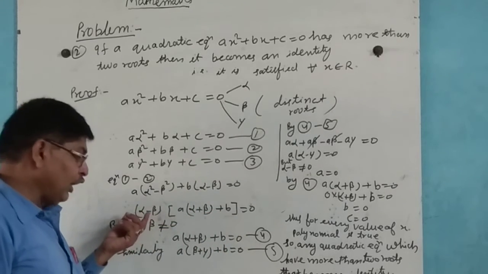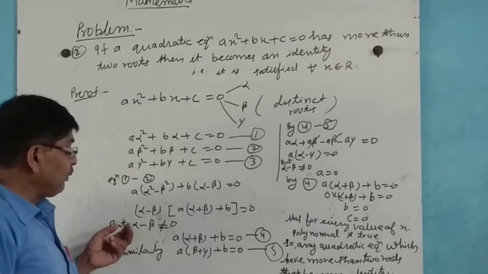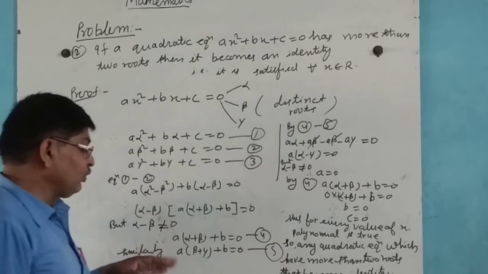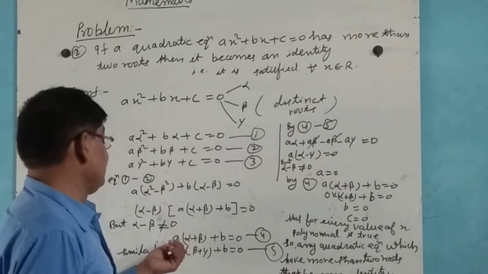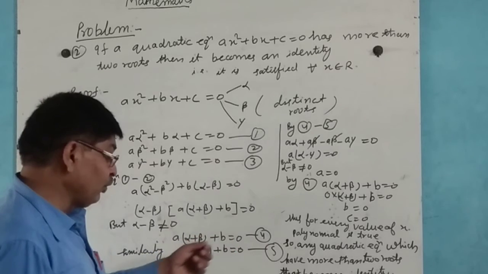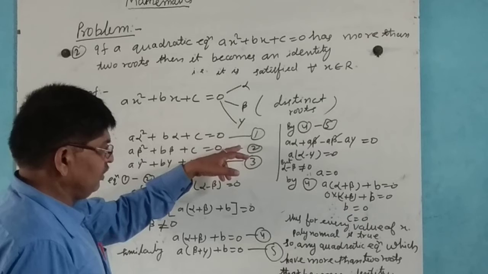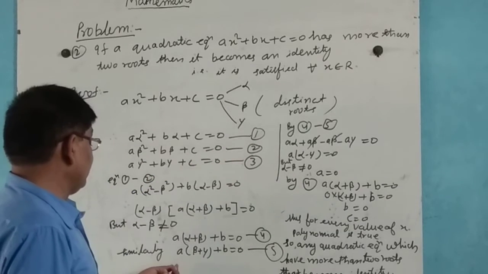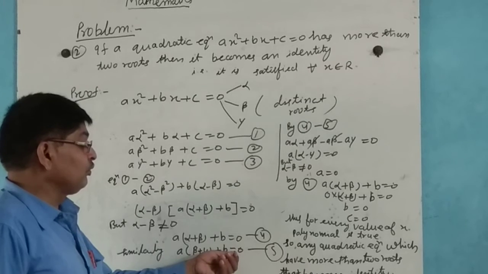But alpha and beta are distinct, so alpha minus beta does not equal 0, so this term equals 0. This is relation 4. Similarly, considering relations 2 and 3, we get a(beta plus gamma) plus b equal to 0, relation 5.